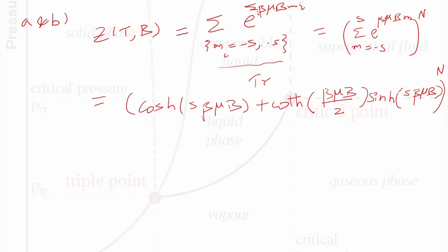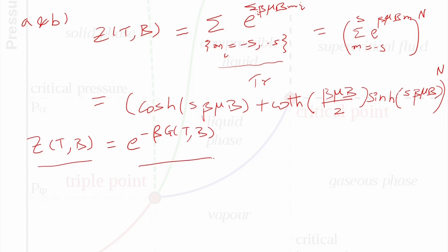All right, so now notice that Z is given in terms of the Gibbs free energy. In terms of the Gibbs free energy, you can write the partition function as follows.